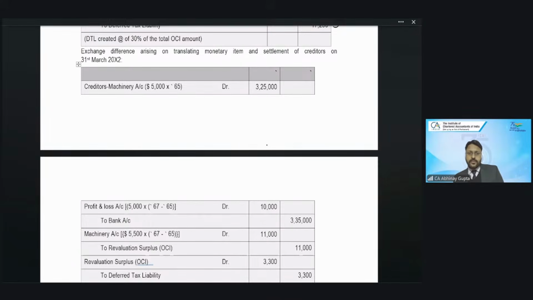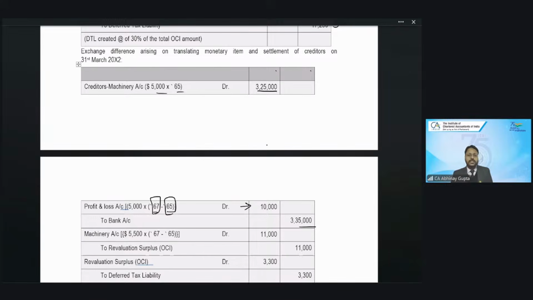So creditor 5,000 into 65, 325, and to bank 335, and 10,000 is parked as P&L, because now payment is happening at 67 rupees per dollar rather than 65 rupees per dollar, correct?